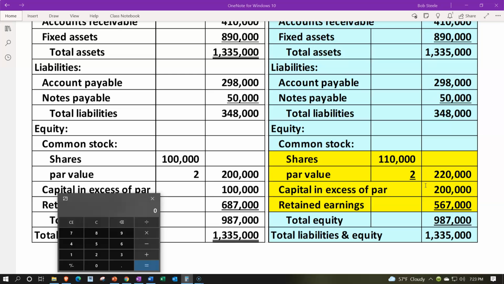Bottom line, same result: we are at the same equity, so there's no change to the total ownership as a whole. However, we do have some changes that impacted the distribution in terms of the shares, the capital in excess of par, and the retained earnings.